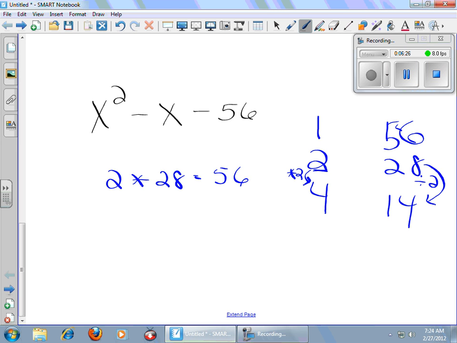That means that 4 times 14 must also be 56 because I multiplied by 2 here and I divided by 2 here, and these guys are canceling each other out. So while their factors look different, the ones they're being applied to, they don't change the value of the product, which is 56.